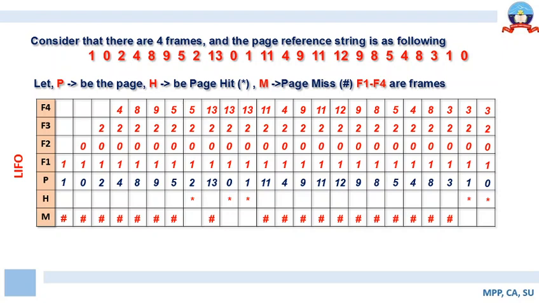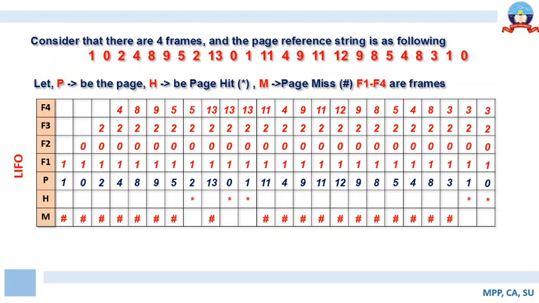So here what we need to do is calculate the page hit and the page miss ratio. So page hit ratio will be 5 by 24 into 100, whereas page miss ratio or page fault ratio will be 19 by 24 into 100.